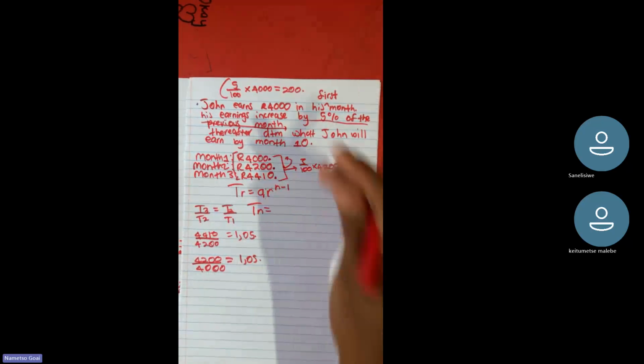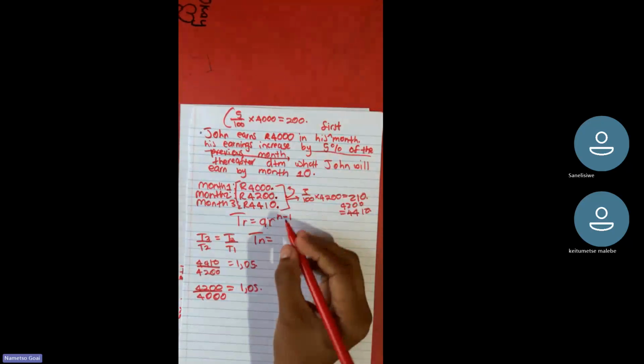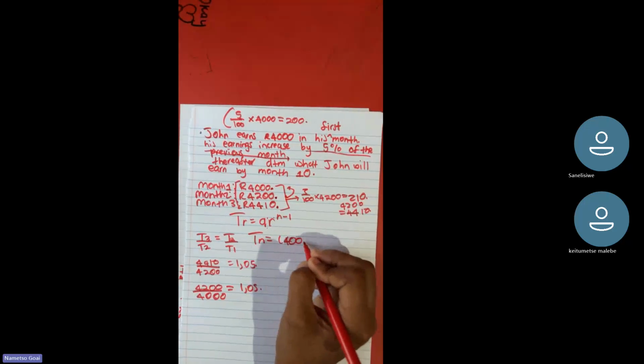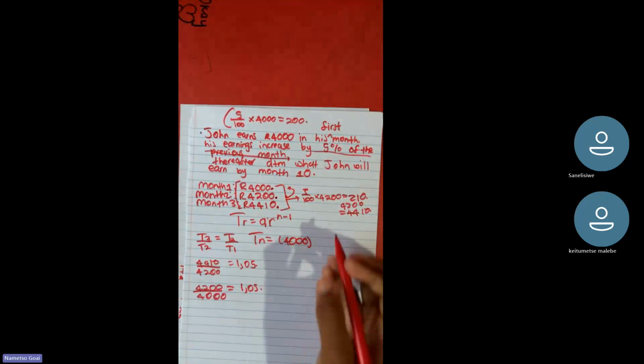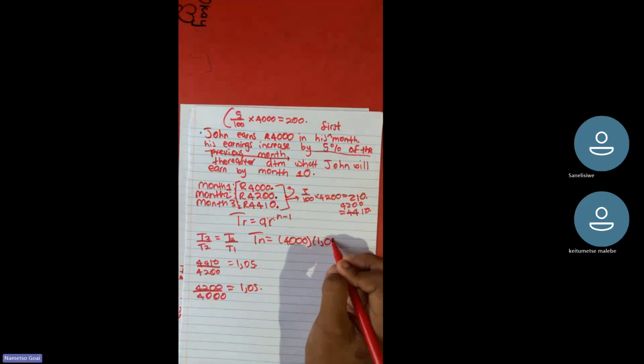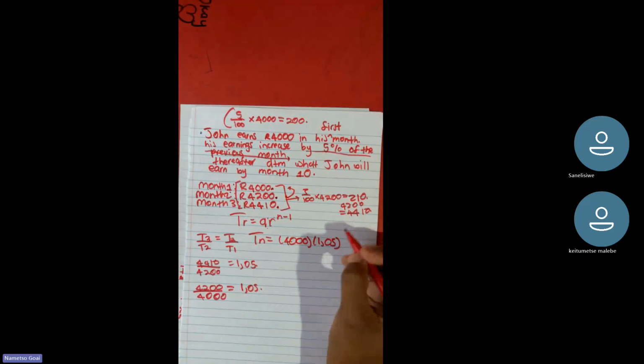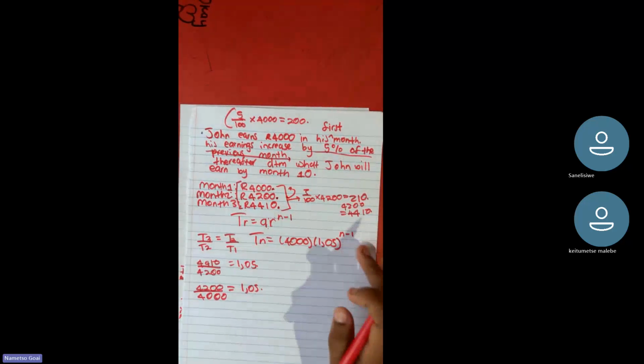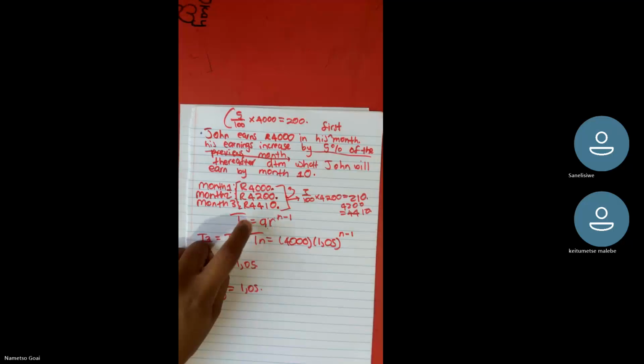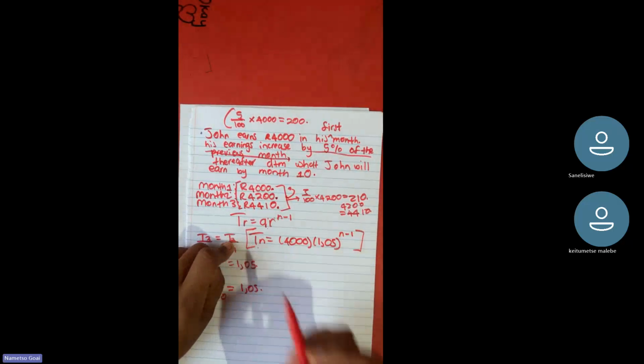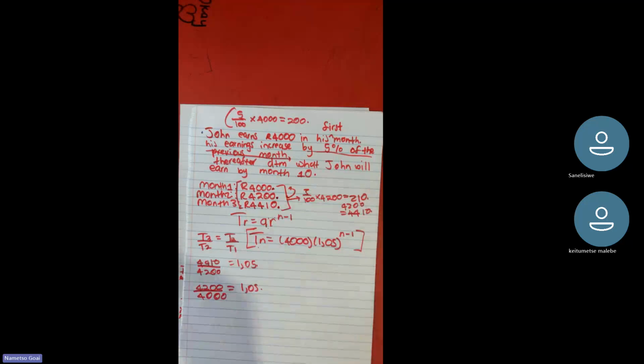Our A is the first payment that he got, 4,000, right? So it's going to be 4,000. What is our R? 1,05. To the power n minus 1. So this is the general formula, right? So now they proceeded to ask us, what will John earn by month 10?